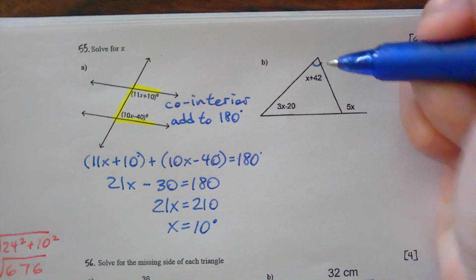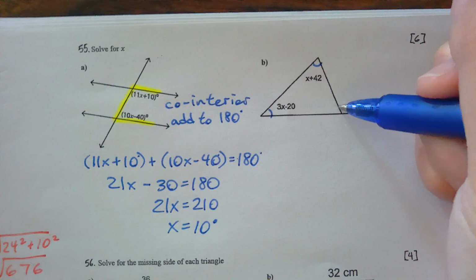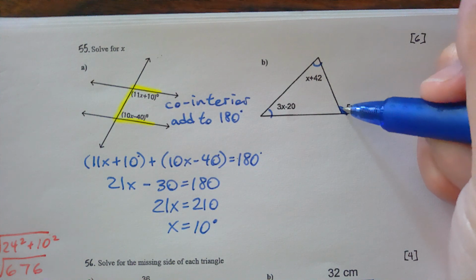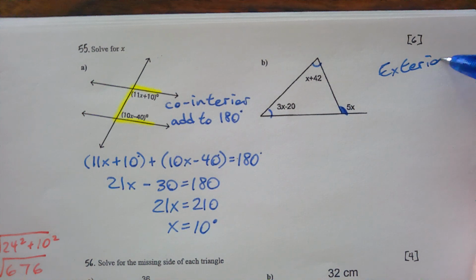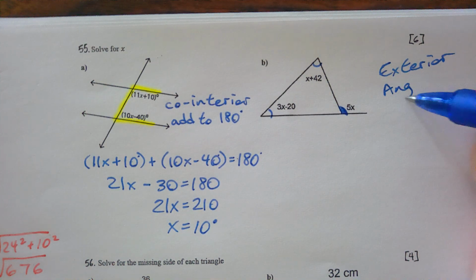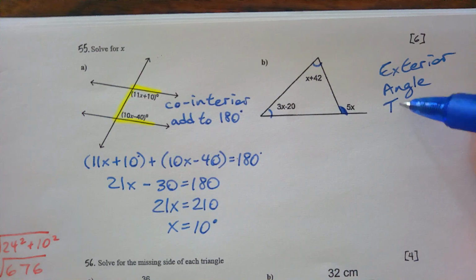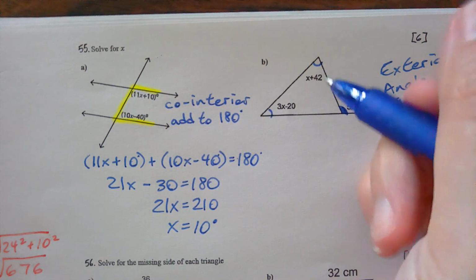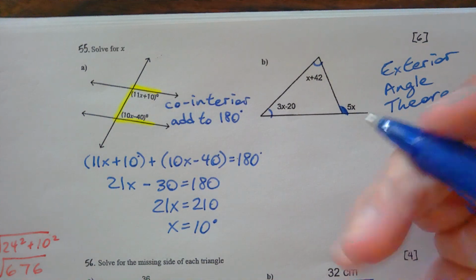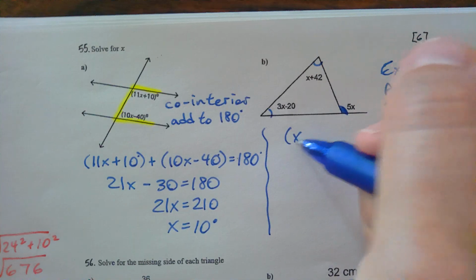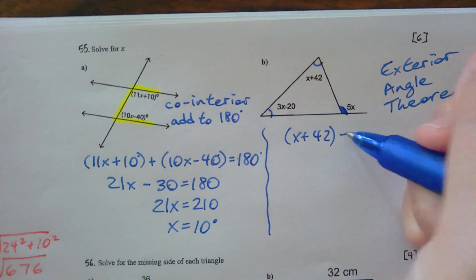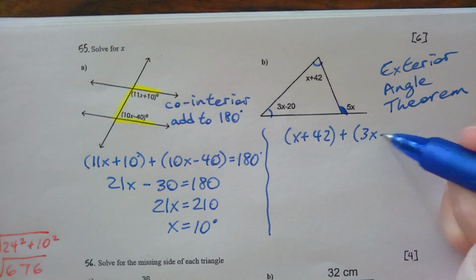What about this one? What is the theorem called? Perfect. Good job, guys. Exterior angle theorem, EAT, eat. Which means this angle plus this angle equals the outside angle. So x plus 42 plus 3x minus 20.